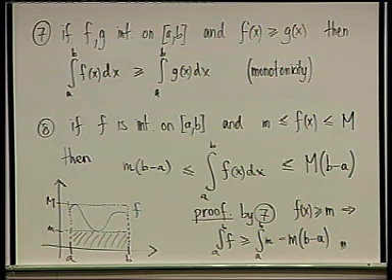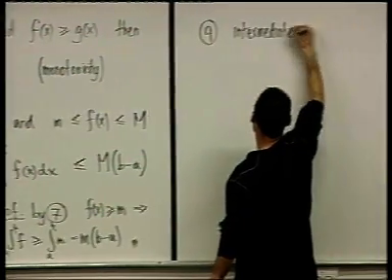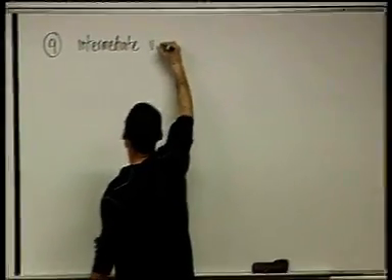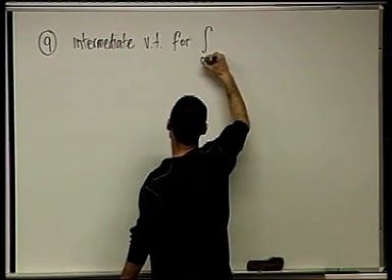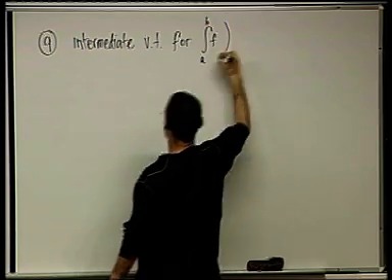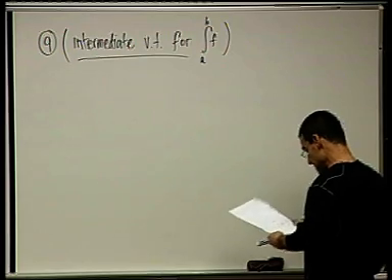So number 9 also has a name. It's called the intermediate value theorem for integrals. And it says the following.